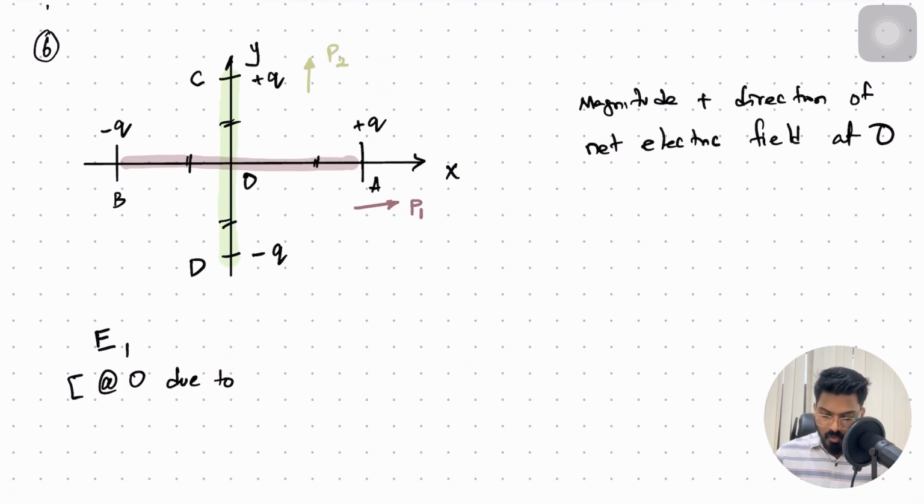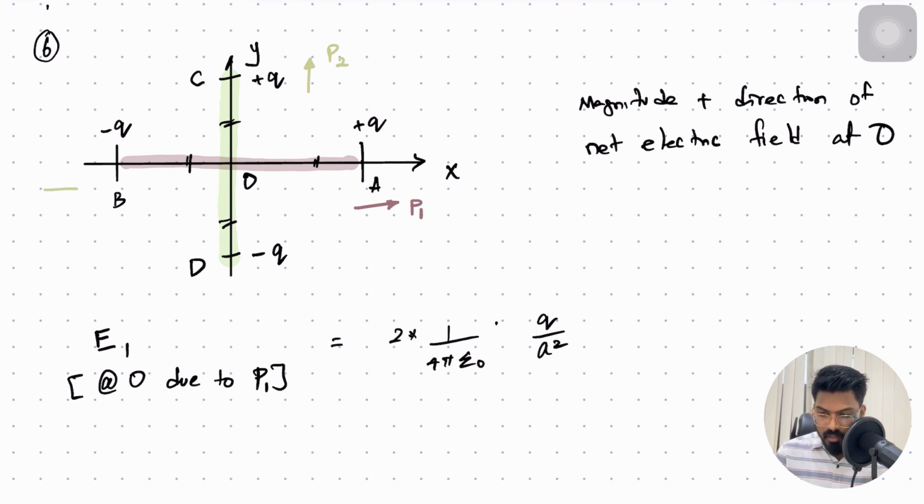So due to P1 there is an electric field. It is given by the formula 2 into 1 by 4 pi epsilon naught into Q by A square, and the direction of that is going to be the opposite of the dipole axis.